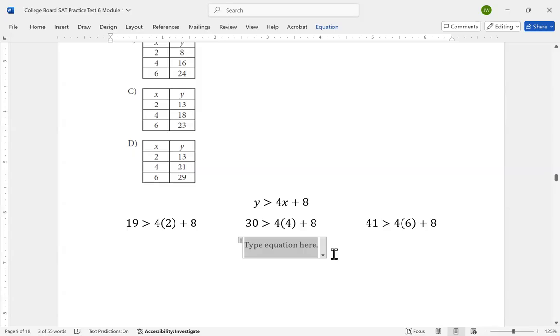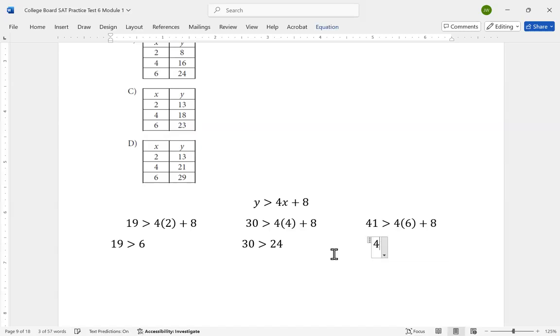So let's start with the one on the left. 4 times 2 is 8, plus 8 is 16. So I get 19 greater than 16. That's a true statement, so I'm good to go. The one in the middle, we have 30 on the left greater than 4 times 4, which is 16, plus 8, 24 on the right. So we're good to go.